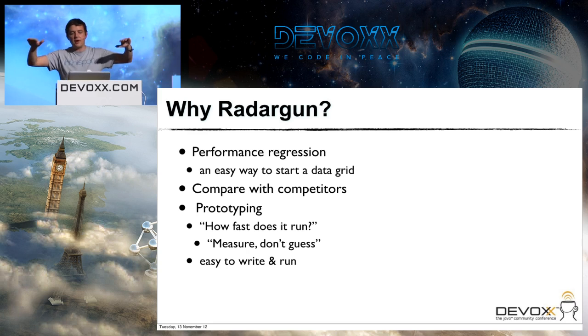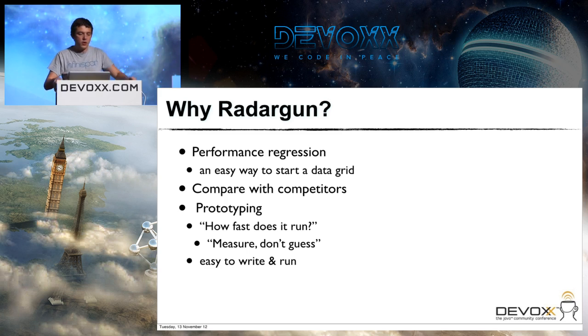And after you run everything at the same time, you want to collect the results somewhere and produce some nice reports. So that was another reason, to be able not only to run a benchmark, but to do it fast. Of course, we wanted to see where Infinispan is compared with our competitors performance-wise.